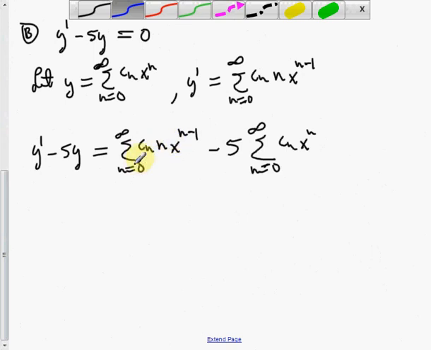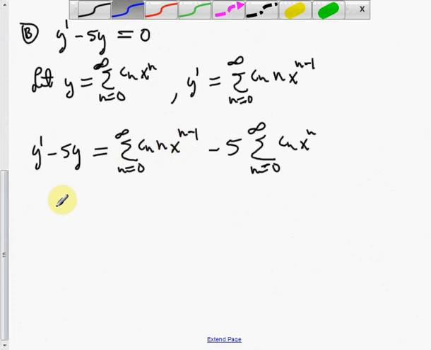So it's safe to say, without loss of generality, that I can start the count from n goes to 1 to infinity. You plug in n equals 0, I get c sub 0 times 0, and 0 times anything is 0. Then it's plus the summation evaluated at n equal to 1, plus n equal to 2, and so on to infinity.